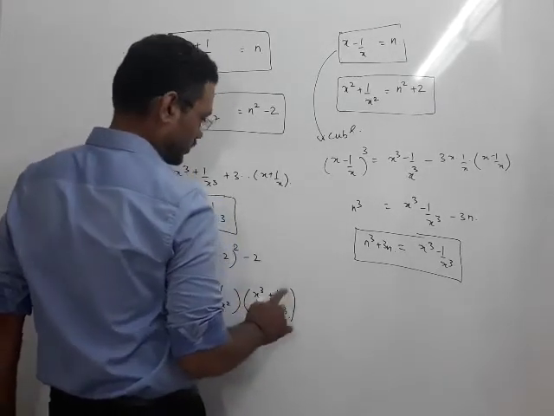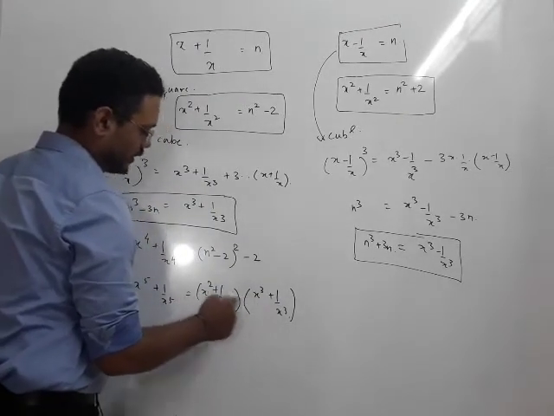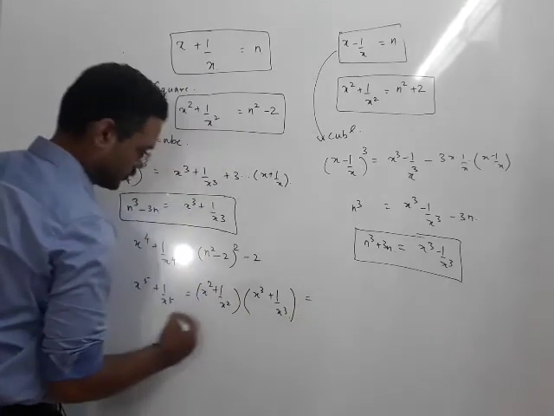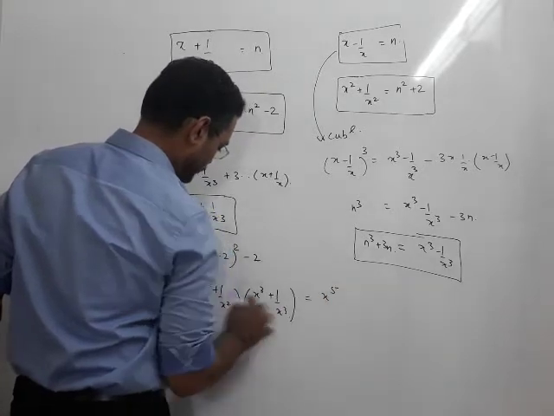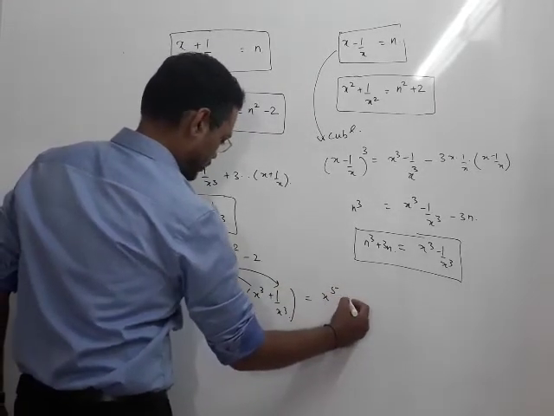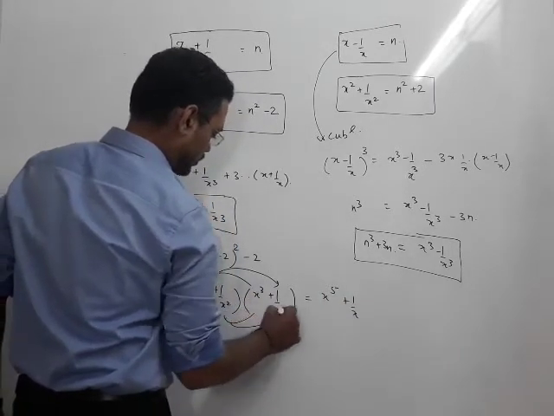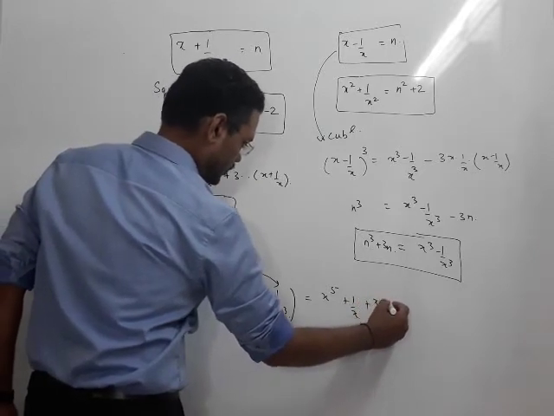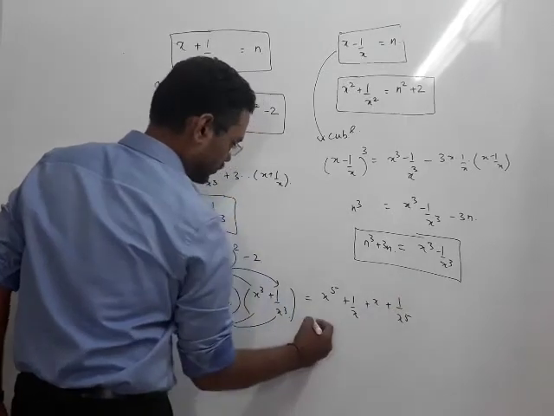If you expand it directly, if you write the formula, then you will find, or rather I will expand. So this will become x raised to 5, this into this and this into this, plus 1 by x, this into this plus this into this, plus x plus 1 by x raised to 5.